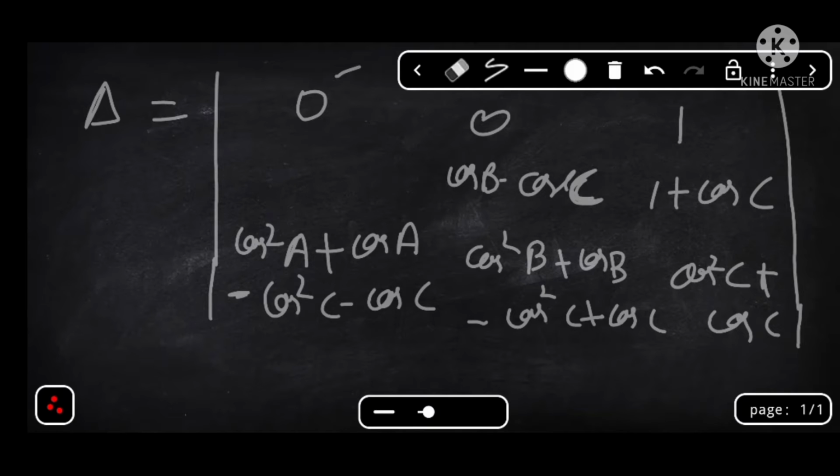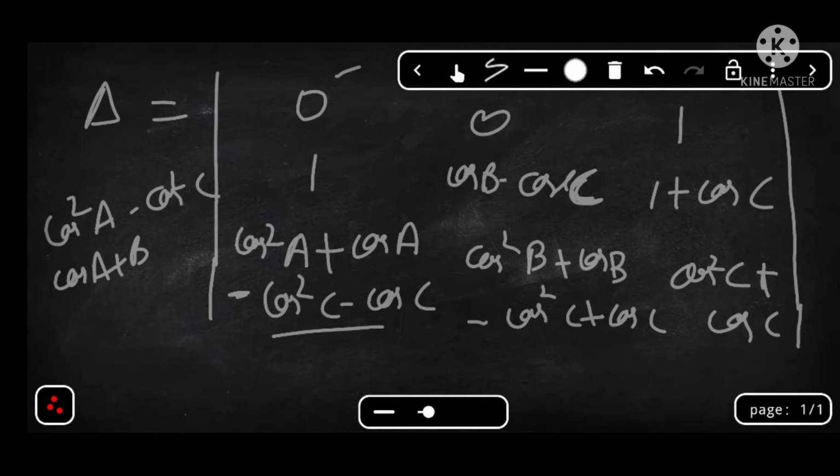Here it is going to be 1. Then from here, if we take it outside, what we will get? cos square A minus cos square C. We can write it as cos A plus cos C into cos A minus cos C, which is similar to the a square minus b square form.